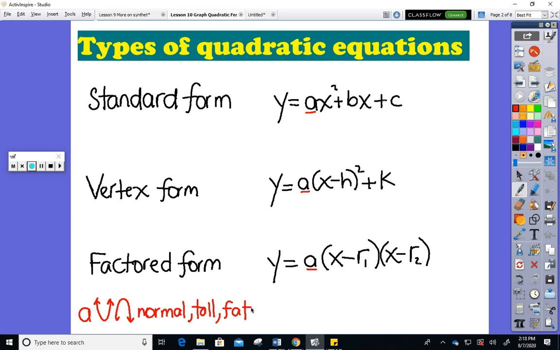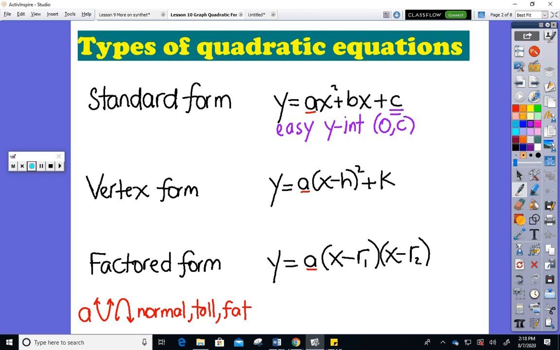Now all three forms have something easy about them. Standard form makes it easy to see the y-intercept because it's going to be the c value. So the y-intercept will just be (0, c). But the other parts of the parabola that are really important, the vertex and the x-intercepts, are not so easy to see.